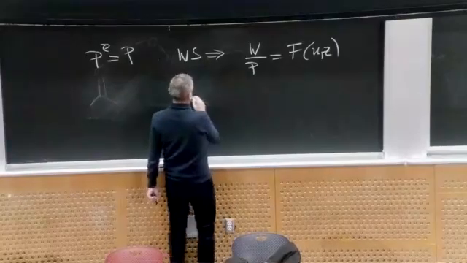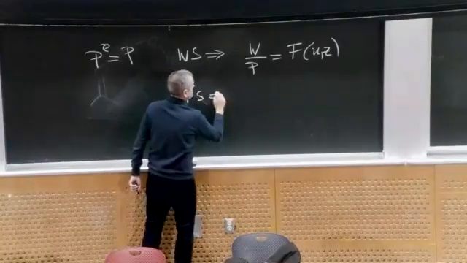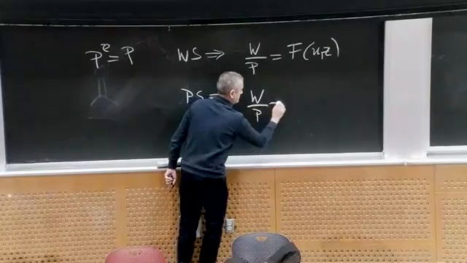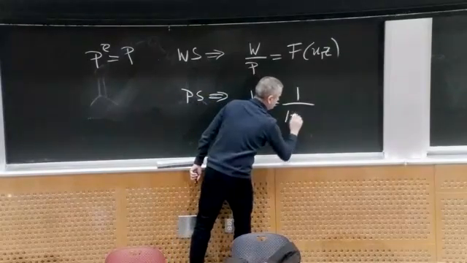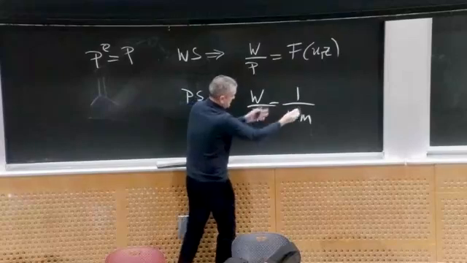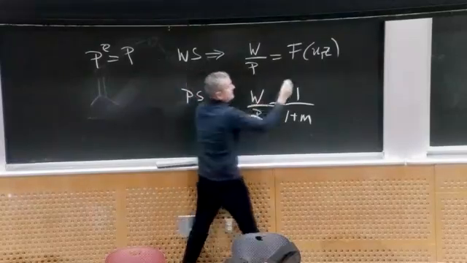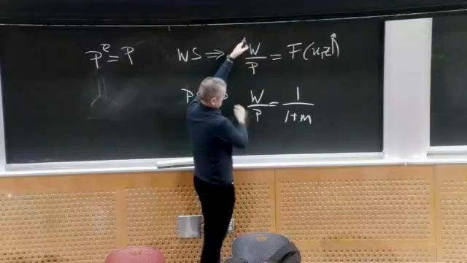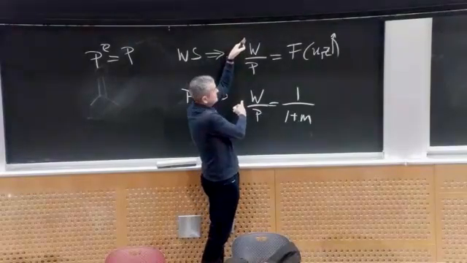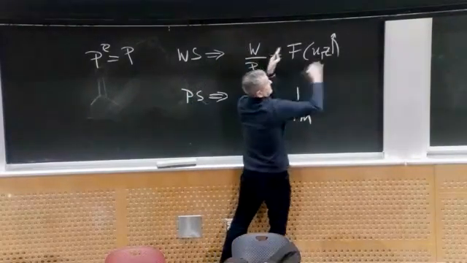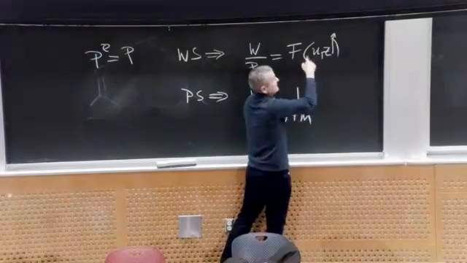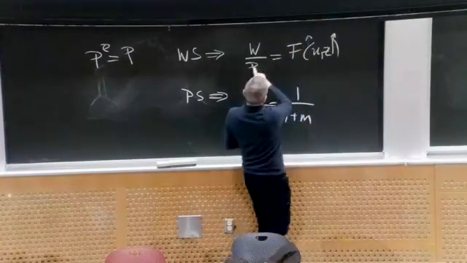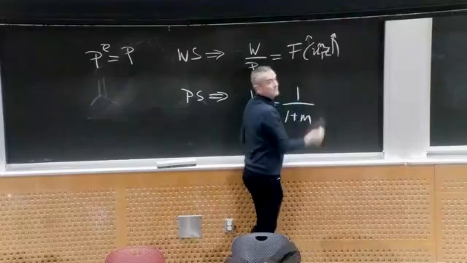From the price setting equation, I have that W over P is equal to 1 over 1 plus M. So in this very simple model, this is given. If this guy goes up, these guys want a higher real wage, but that cannot happen because that would be inconsistent with the price setting. So you need to bring this guy down. The only thing that can bring it down is for unemployment to go up. And that's what we call the natural rate of unemployment.